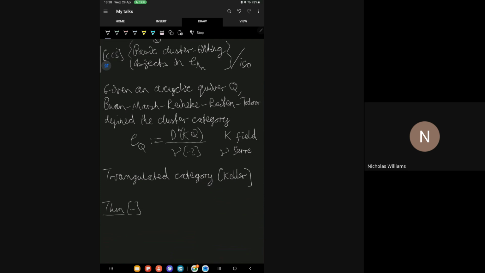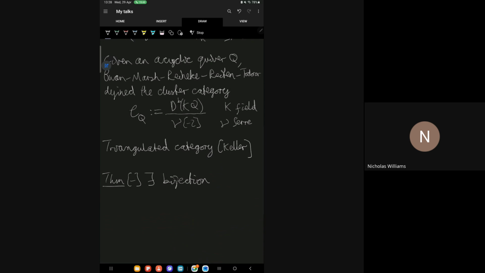So there's a bijection between now some three-dimensional triangulations, so namely triangulations of a three-dimensional cyclic polytope.